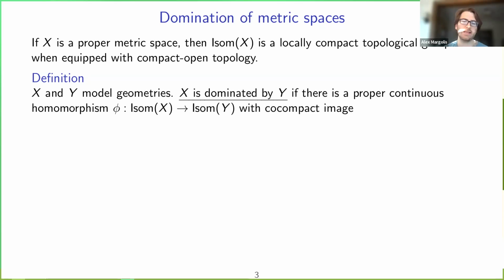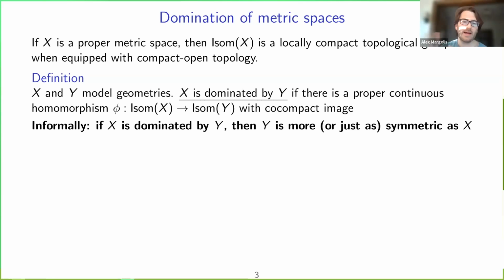And in the special case where Isom X and Isom Y are actually discrete, then this is going to be a homomorphism with finite kernel and with finite index image. So it's an isomorphism up to finite error. And because we're working with possibly non-discrete topological groups, you can think of phi as an isomorphism up to compact error.